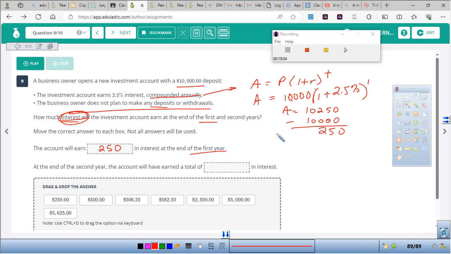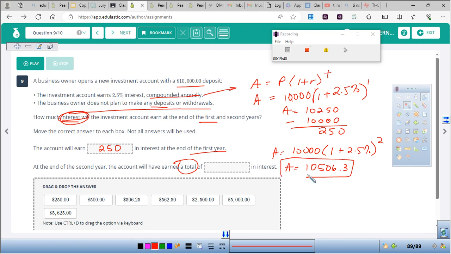At the end of the second year, we're going to do it again. We're going to go 10,000 here, 1 plus 2.5% again, and we're going to go 2 now. That's going to give us A equals 10,506.3. But again, it's only asking for the interest. Oh shoot! The second one says at the end of the second year, how much would they have in total?